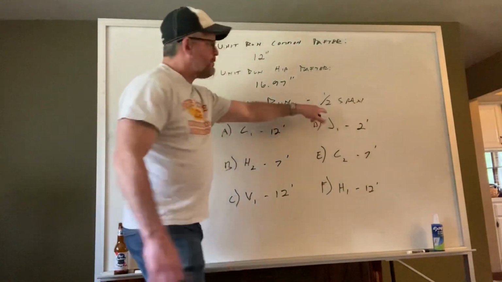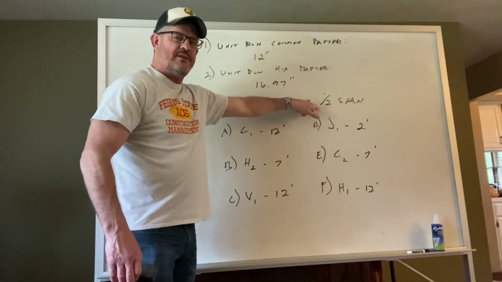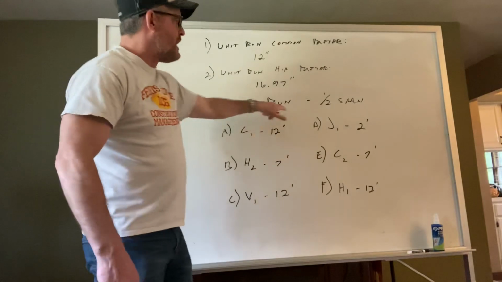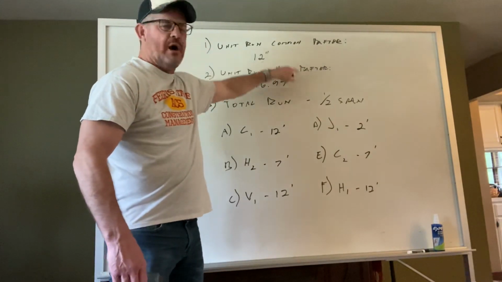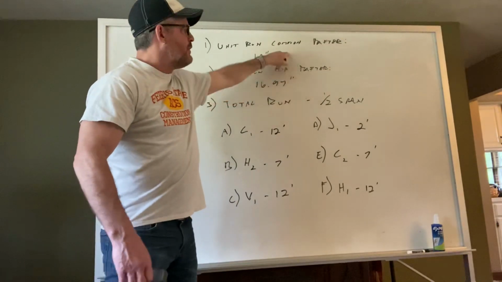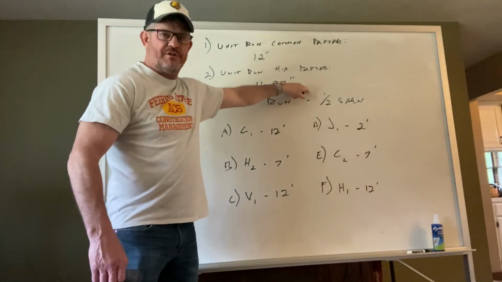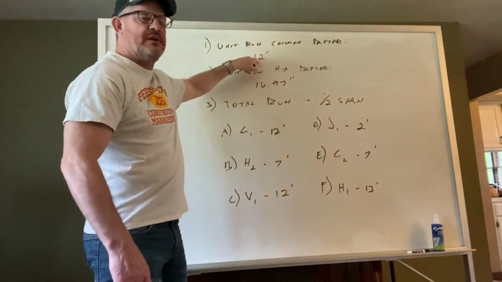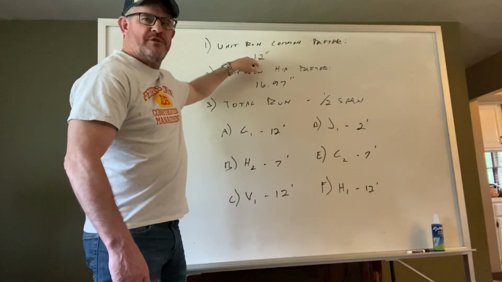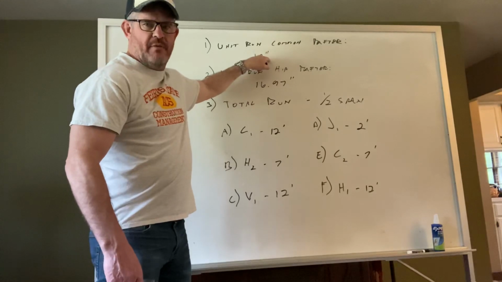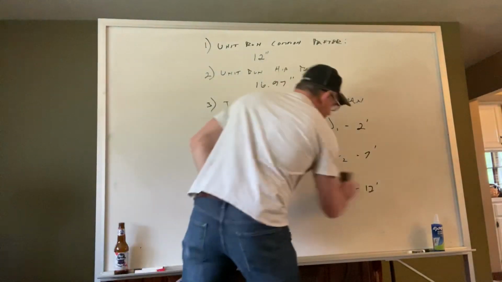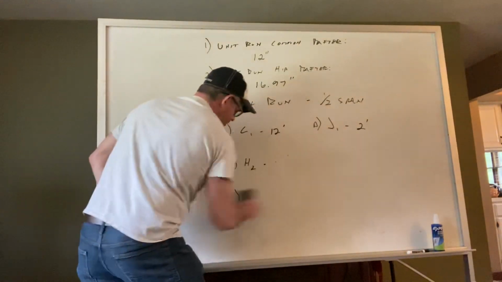But what's important here is understanding this: my run is always half my span. And then understanding these two unit runs when I'm dealing with different types of rafters. Again, the unit run is always 12 inches for my roof, but that's not necessarily true for my rafters as I'm building that roof. I'll demonstrate that in the math as we move forward.